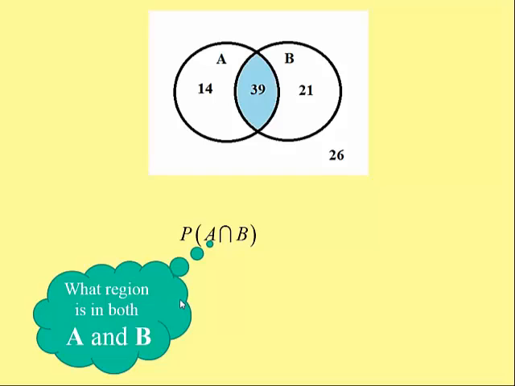The top number of the probability is the one that corresponds to this region, A intersect B, the region that is in both A and B. That's the one that I've got shaded right here in blue. And so there's a 39 in that region. There's a 100 altogether. 39 over 100 is the probability of A and B.